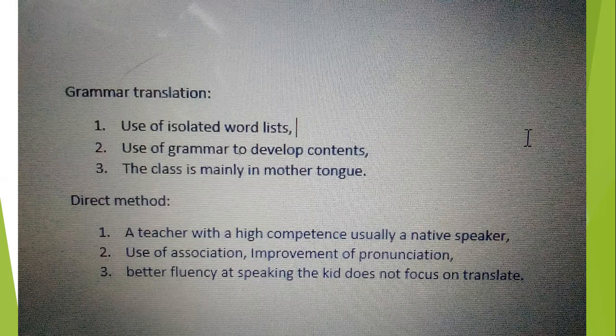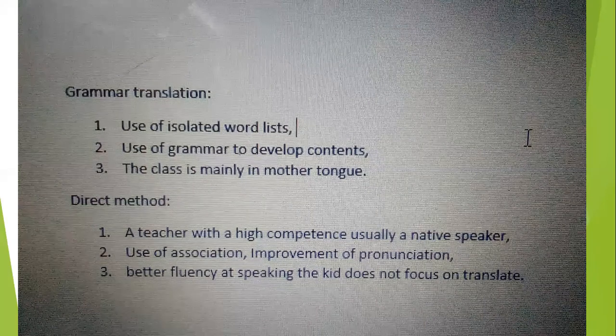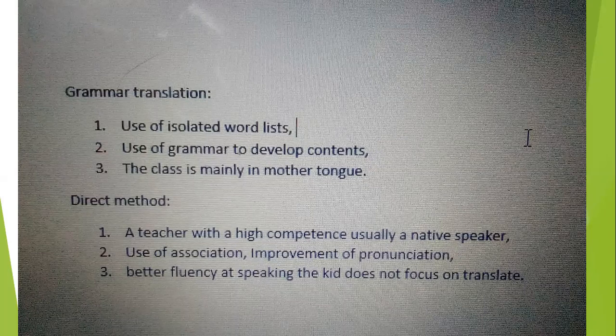The direct method: what's the difference from the grammar translation method? Number one, a teacher with high competence, usually a native speaker, use of association, improvement of pronunciation and better fluency at speaking. The key doesn't focus on translation.